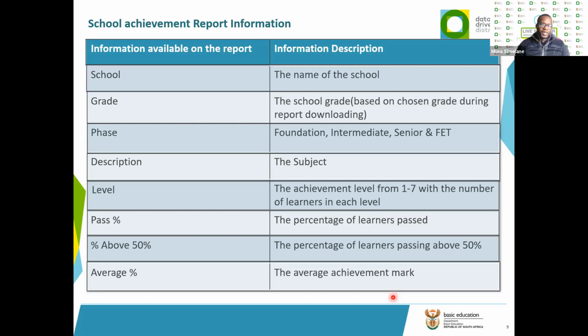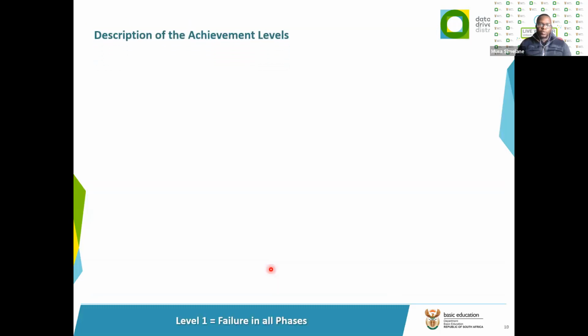And then we have a percentage above 50%. This speaks to learners that have passed with a symbol that is above 50%. And then, of course, we've got the average, which is the average performance or the average mark for that subject.